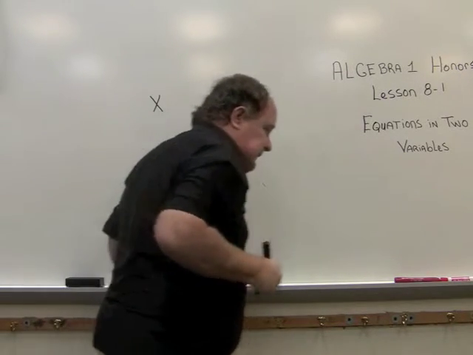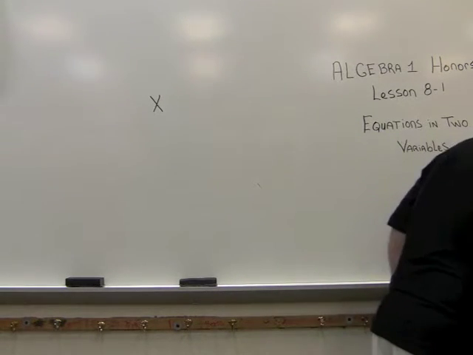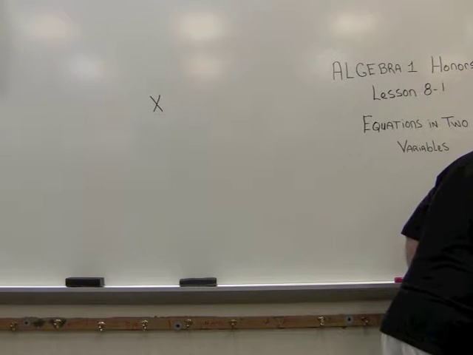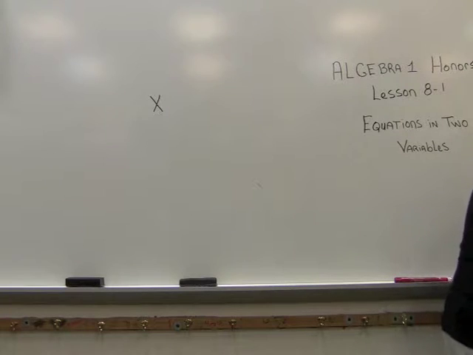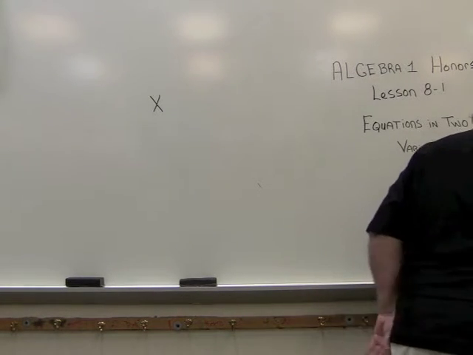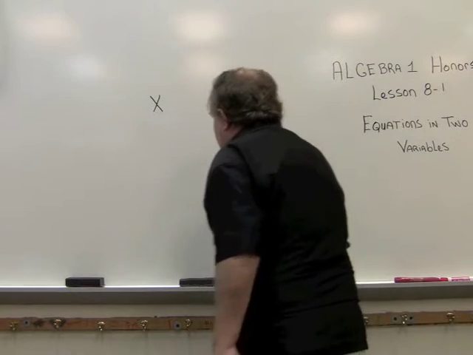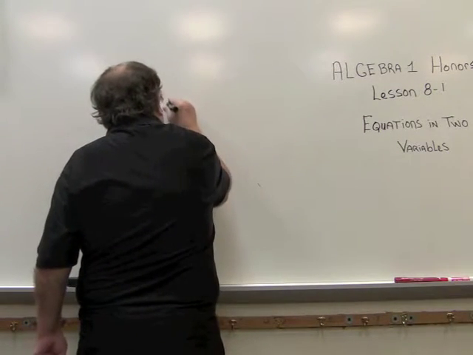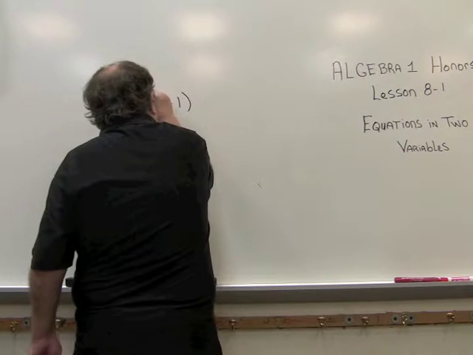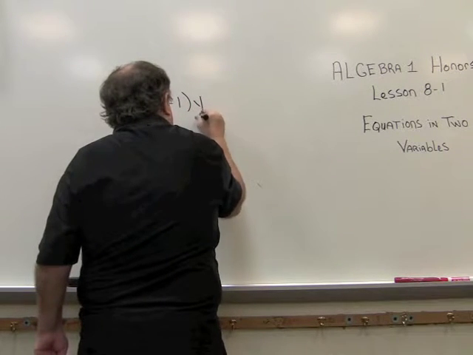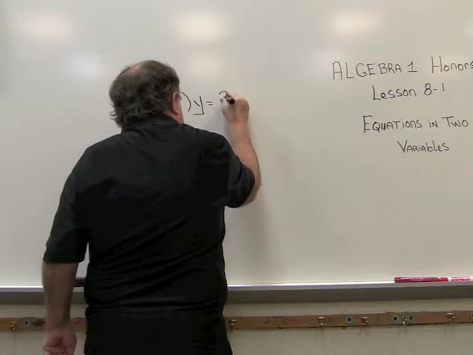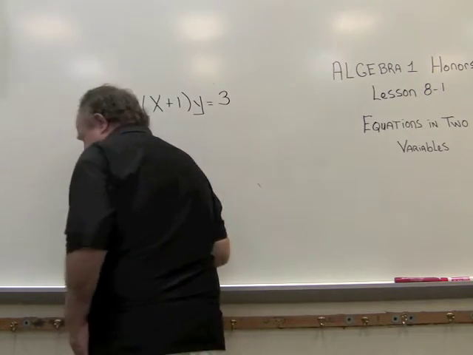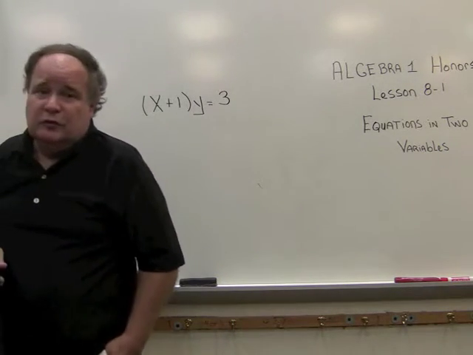x plus 1 times y equals 3. As you can see, this is written in a different form than we're used to.